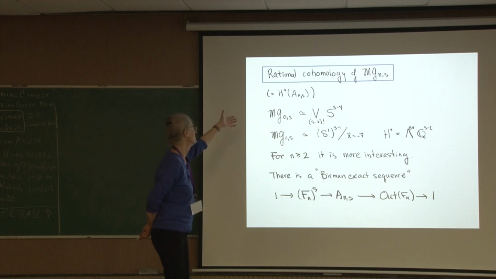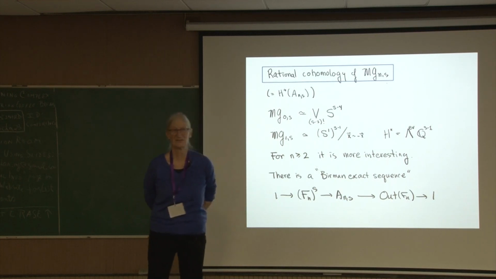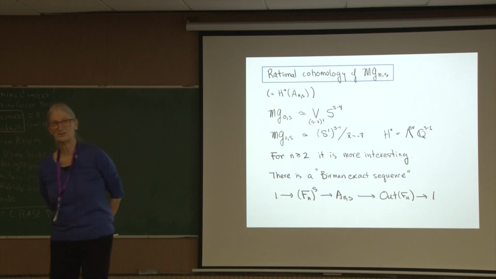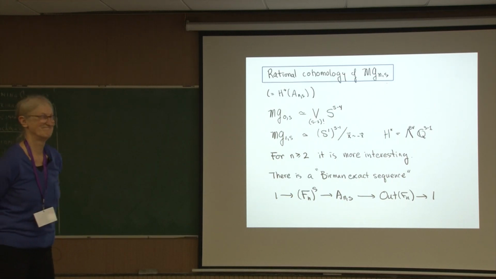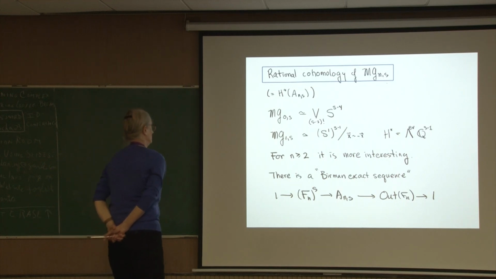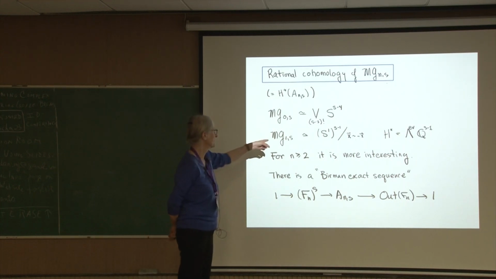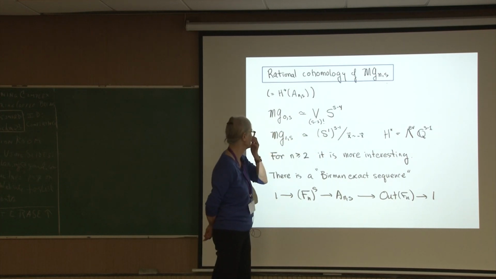So we know MG0S is homotopy equivalent to a wedge of spheres of dimension S minus 4. So I'll let you compute the cohomology of that space. You can probably do it. MG1S, you might have slightly more trouble, but not too much, especially if you know about cohomology.